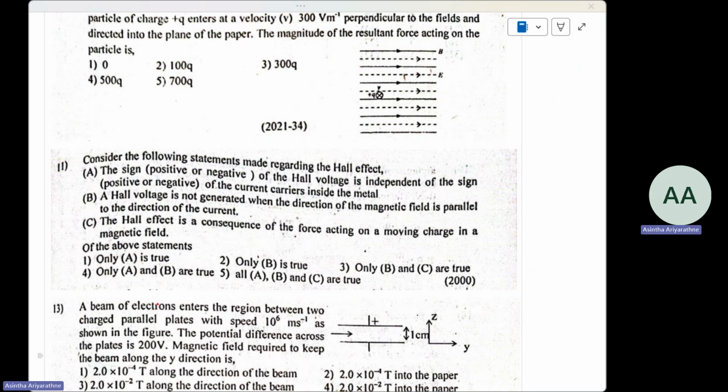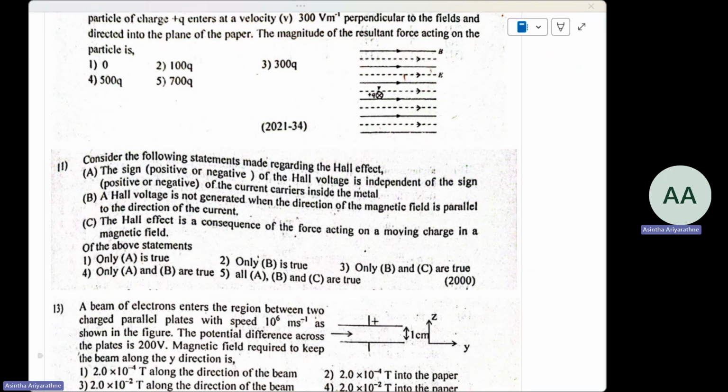This side would be negatively charged and this side positively charged. The Hall voltage is in this manner, if the current carriers are electrons.